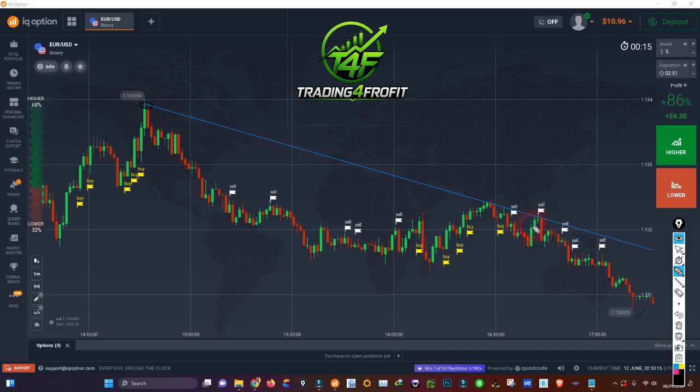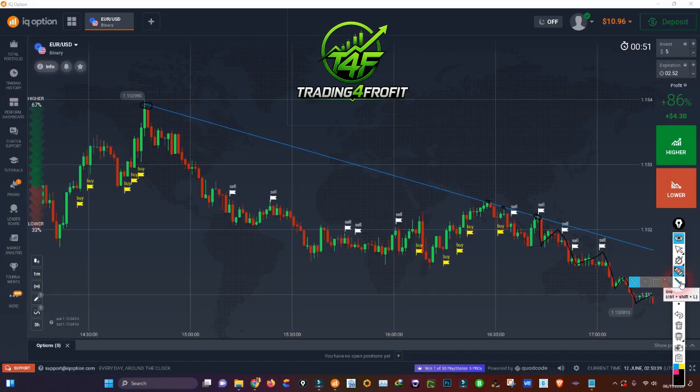This was the first touch point, this is the second, this is the third, and this is the fourth. You can see it clearly showed a downtrend. So you can also use it this way, depending on what you want to use.